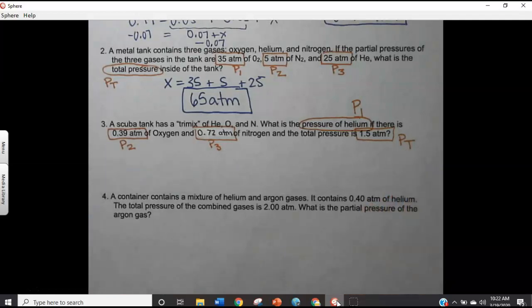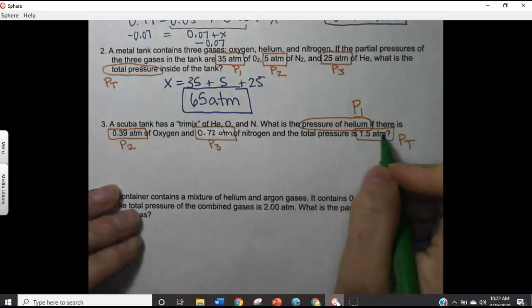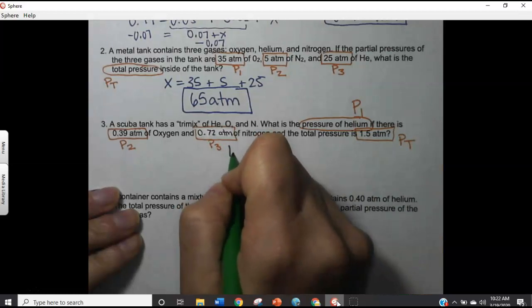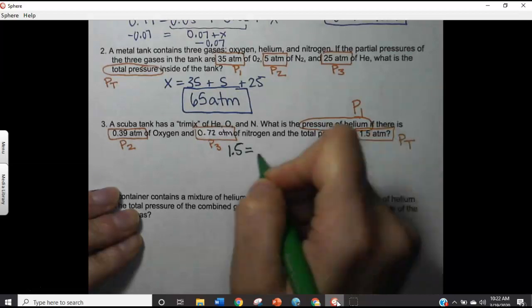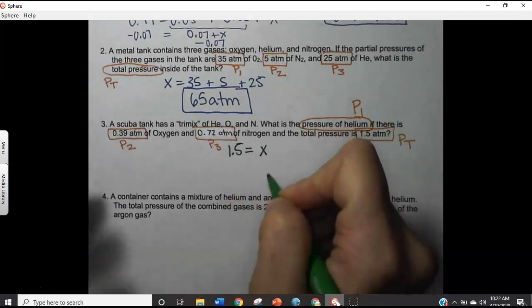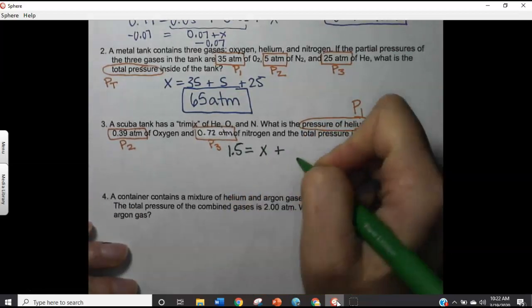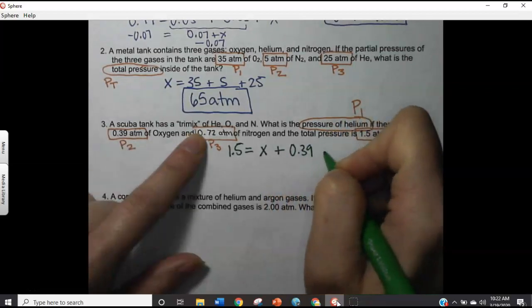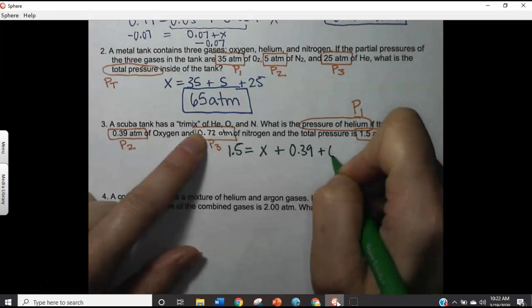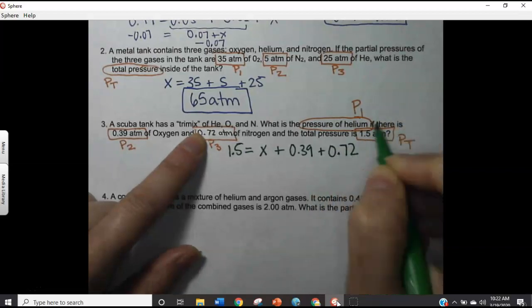So now, when I substitute and solve, I'm going to go green for this one, even though my colors aren't showing up well. My total pressure, 1.5, equals all 3 of them added together. So P1 is what I said was X, plus P2, which is oxygen, 0.39, plus P3, which is the nitrogen, 0.72.